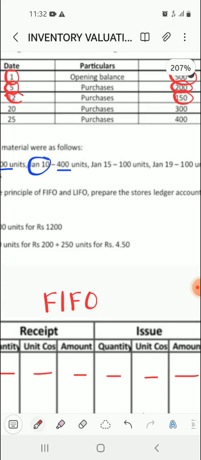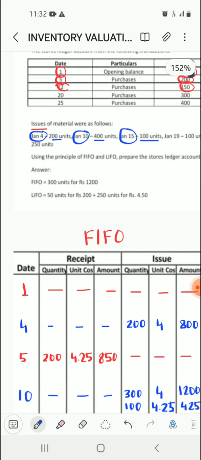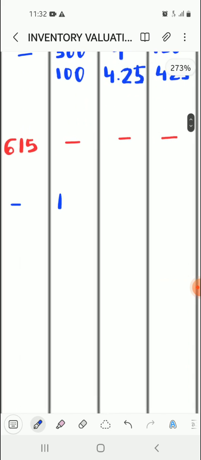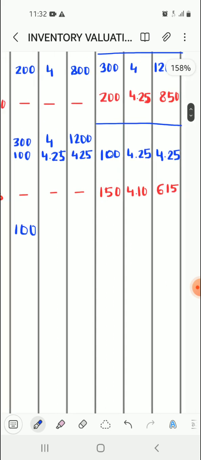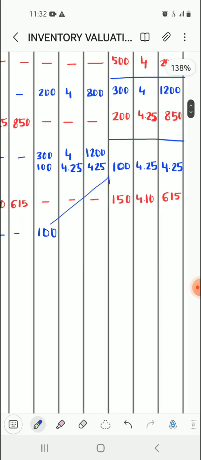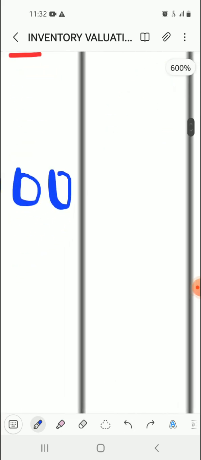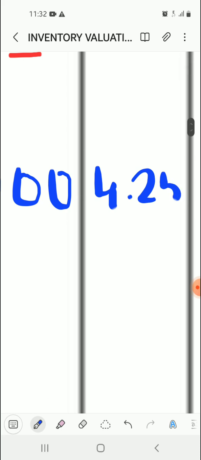See, we have got the next date, that is in the issue, that is on Jan 15, 100 units. So we're going to write it over here, Jan 15. Nothing is purchased. 100 units is issued. Here we are following FIFO, so this 100 will be taken from the previous lot, that is 4.25. 100 into per unit will be 4.25.